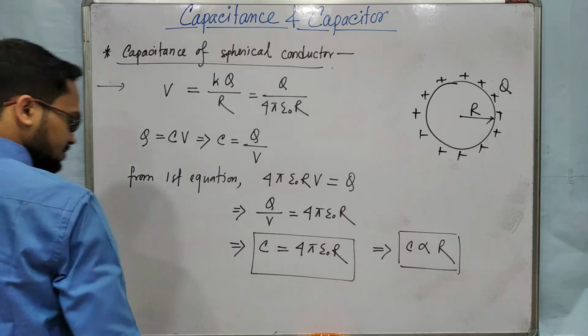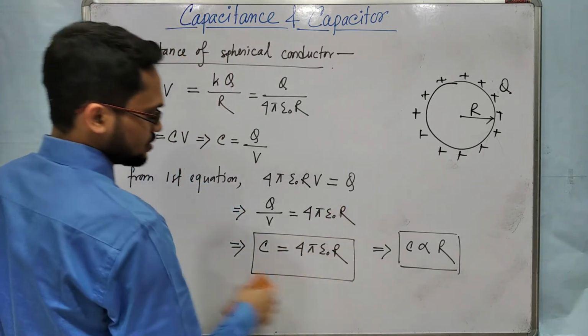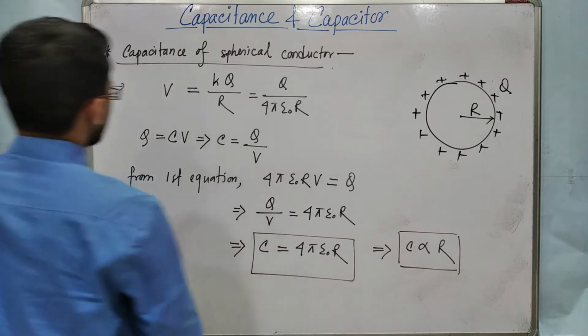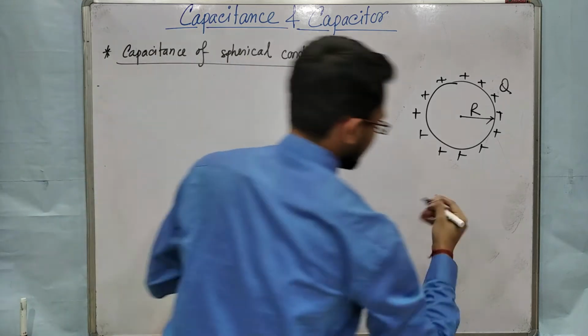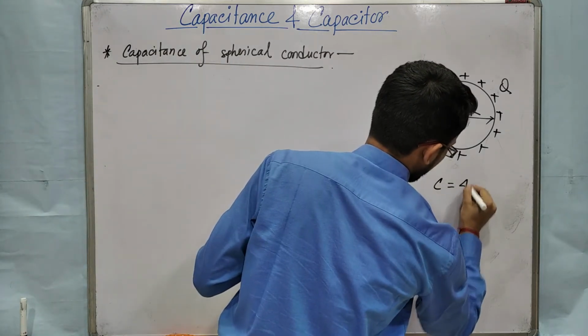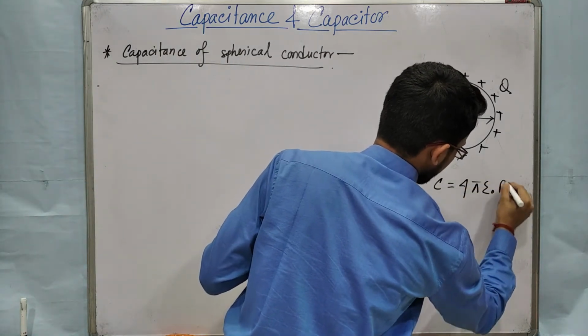Next, I am giving one numerical related to this formula. I am erasing this part. So what we got: C equals 4 pi epsilon 0 r.